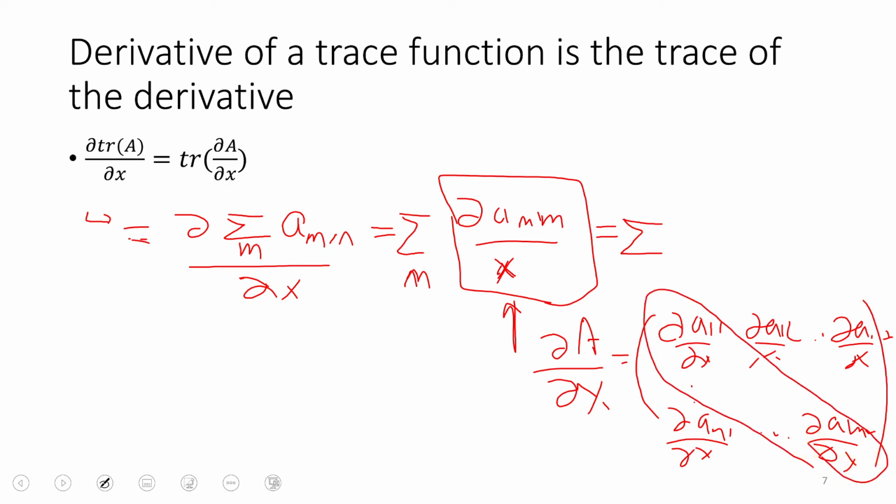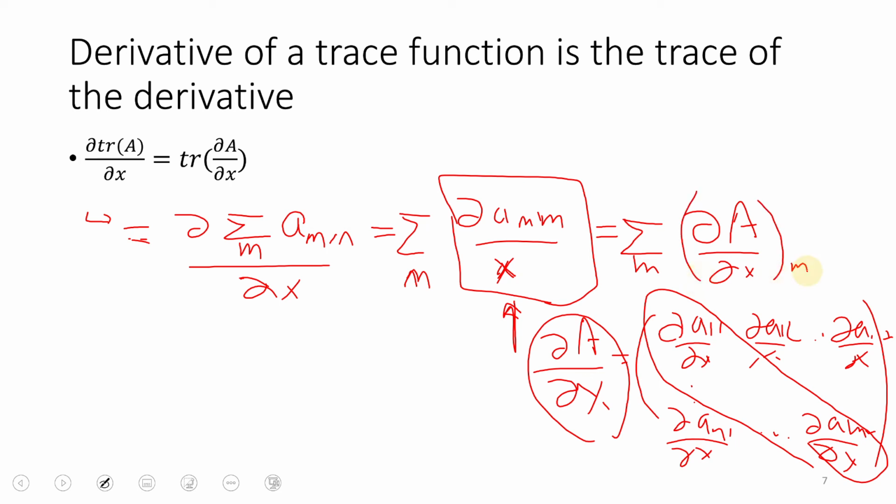So this can be just this. When we sum them together over m, and put partial A to partial x in, we can write this as the mm diagonal term, and this is essentially the trace.